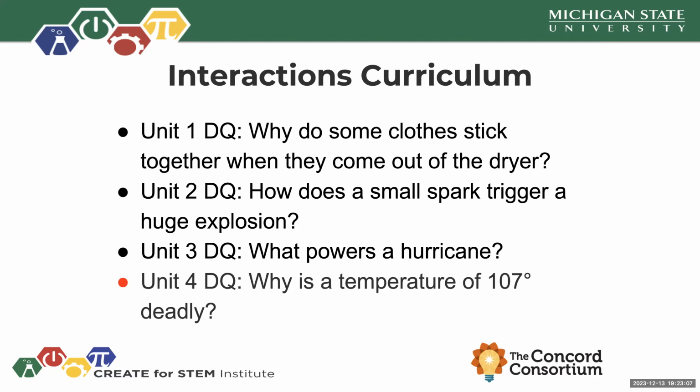Unit 2 focuses on the nature of a chemical reaction. Why is it that sometimes just a small, tiny spark can cause a huge explosion? Many chemical reactions won't take place unless they have a little bit of energy supplied to them. But then when they get that little bit of energy, why do they react so vigorously?